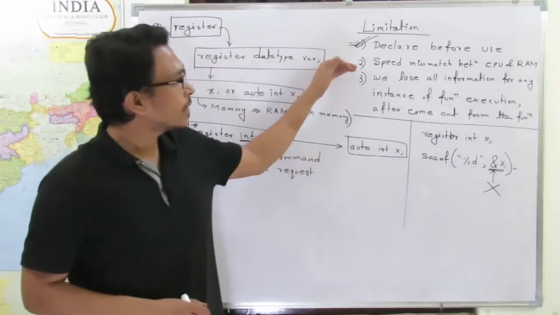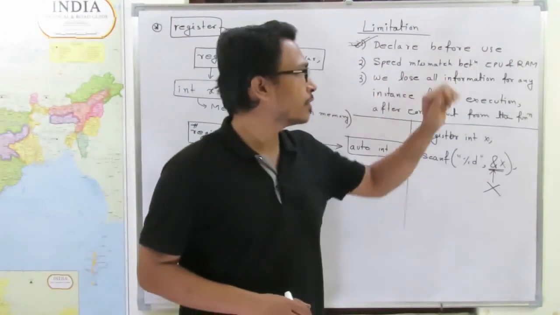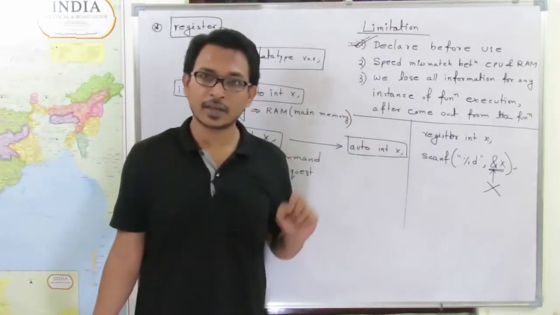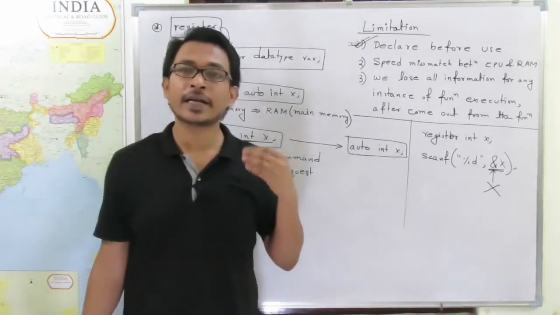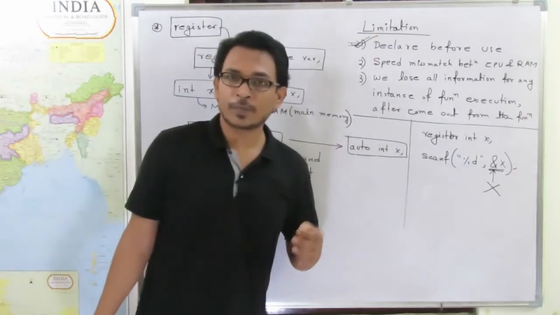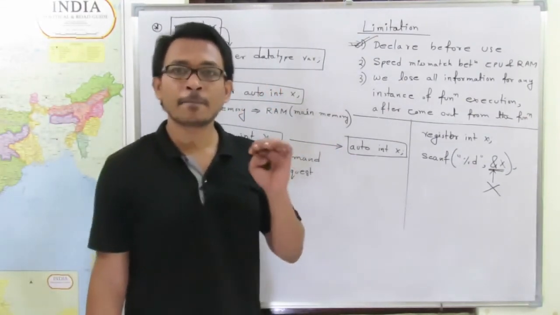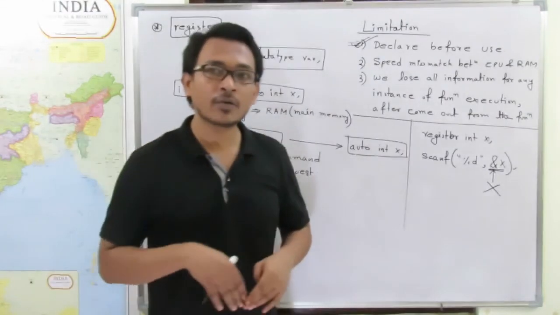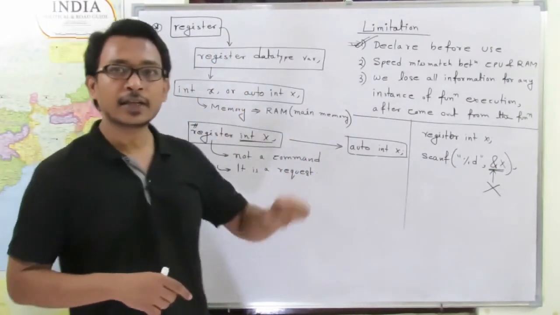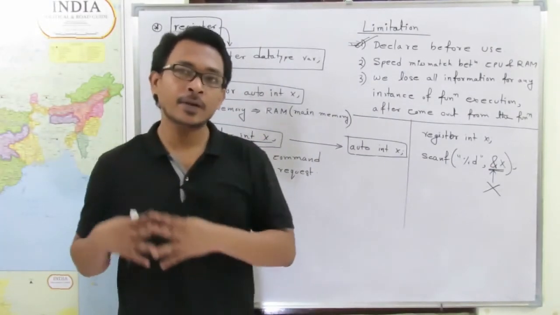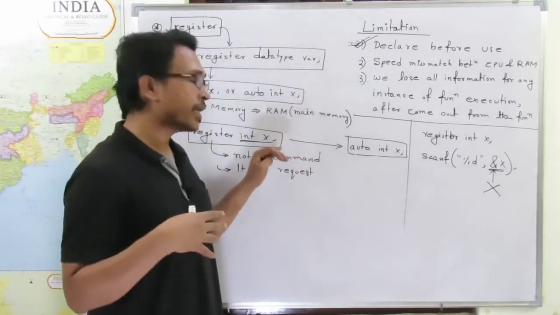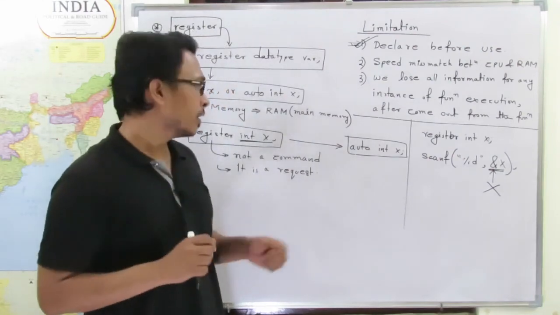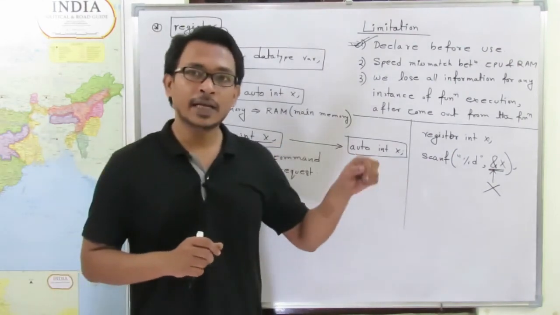So to solve the second problem, that is the speed mismatch between CPU and RAM, we can use the register storage class, but it is not guaranteed that it will solve the problem or increase the program execution speed. It depends on the availability of registers at that particular moment when the system encounters this instruction. If a register is available, the system will allocate memory for this variable x from a register. If a register is not available, the system will allocate memory for x from main memory itself.